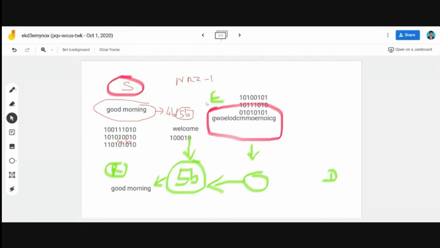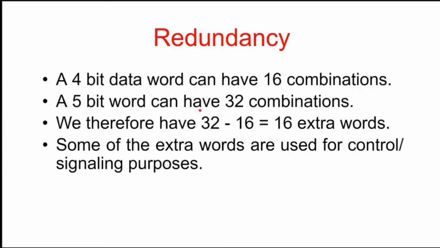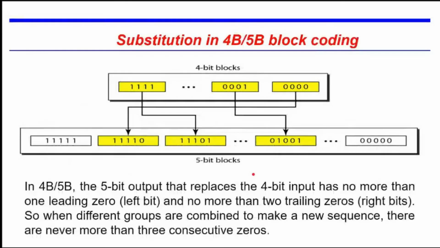Here, come to the PPT. 16 extra words will be added based on the 4-bit to 5-bit conversion, because the combinations of 4-bit are 16 and of 5-bit are 32. So 32 minus 16, 16 extra words will be added for the encryption purpose. This is called the redundancy method.